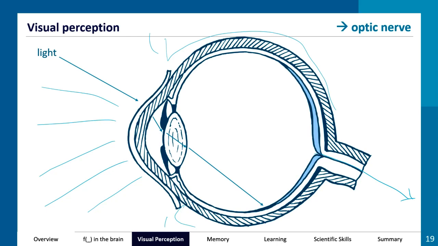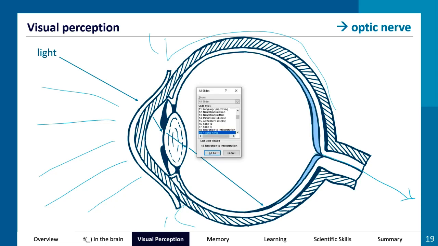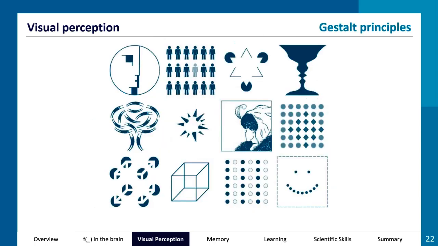So it is quite a bit of a process, and then going into organization, there's a few different perception principles we can look at to help us understand how this occurs.